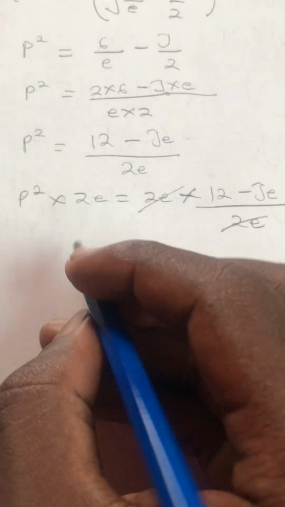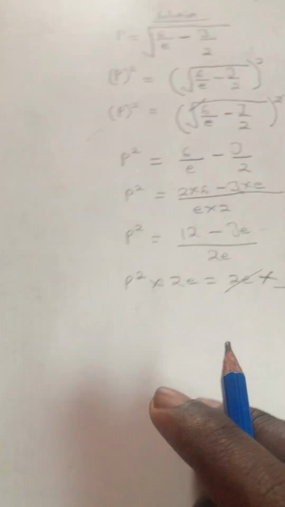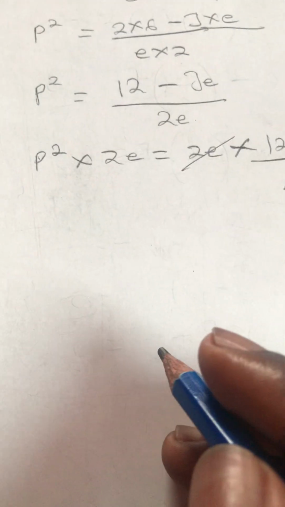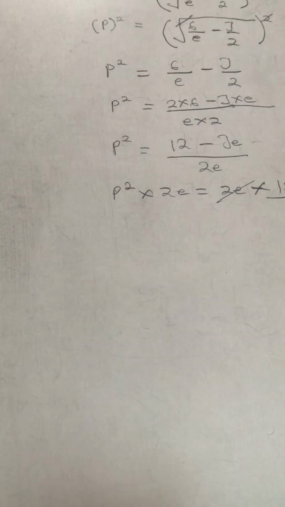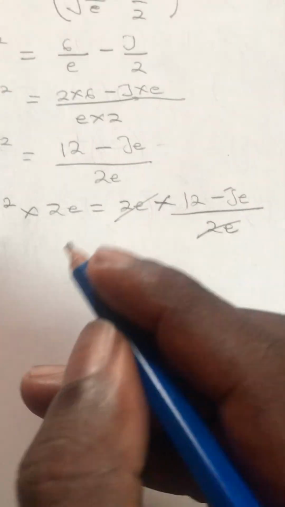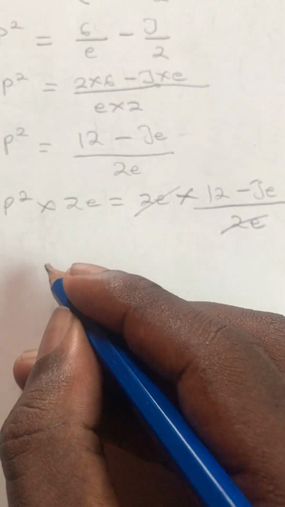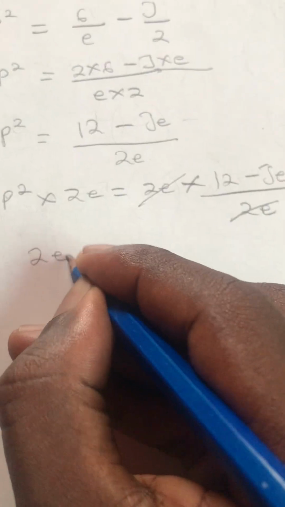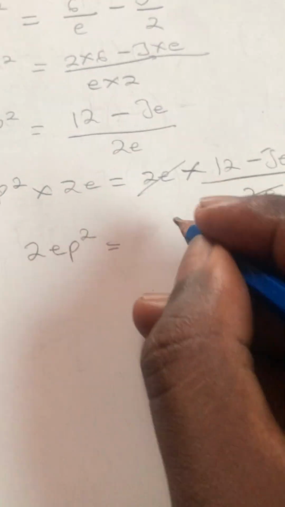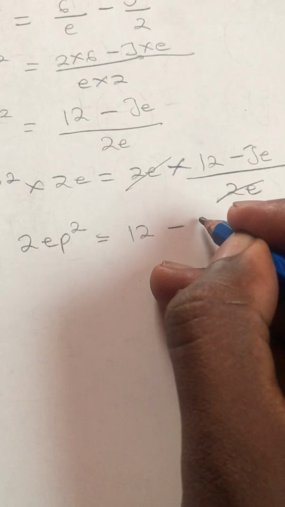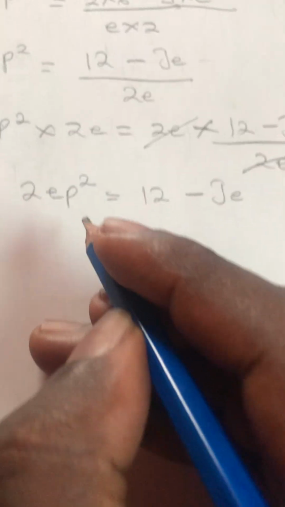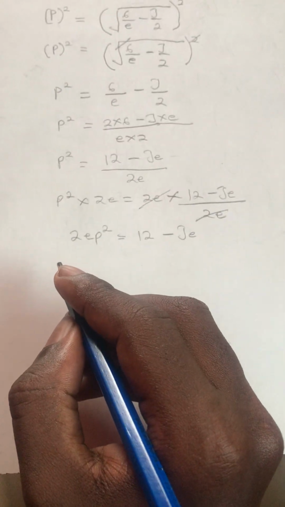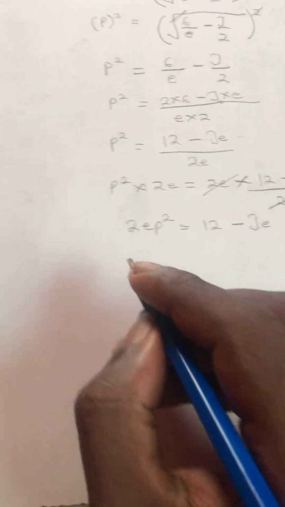So we are going to have our equation to be 2EP squared equals 12 minus JE. And we were asked to make E the subject of the relation.